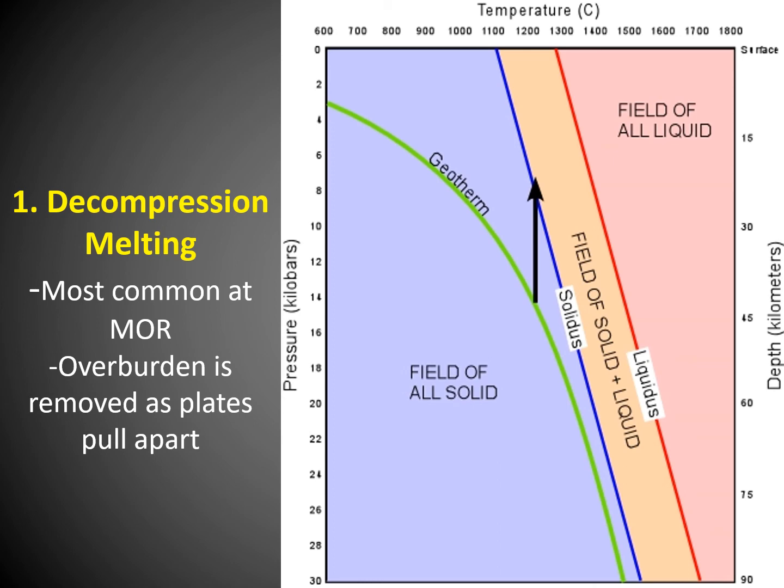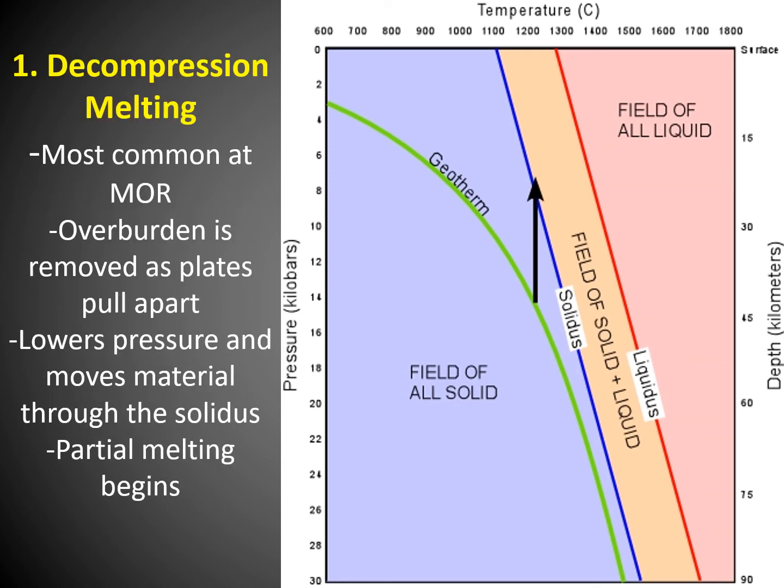If that continues, maybe that would be enough to move us into the field of solid plus liquid that you see here. So the lower pressure moves this line through the solidus so that you get partial melting. You're just lowering the pressure. You're keeping the temperature the same, but you're removing overburden, is one way to think about it.